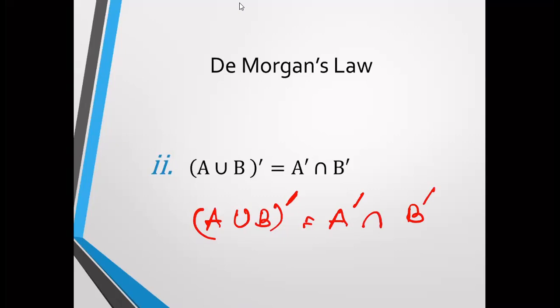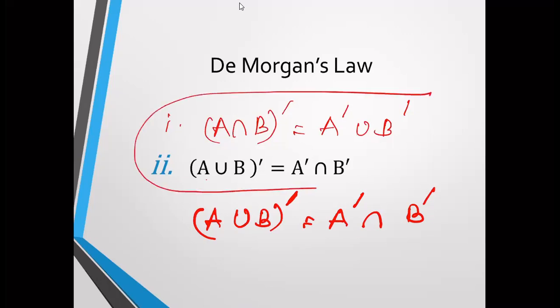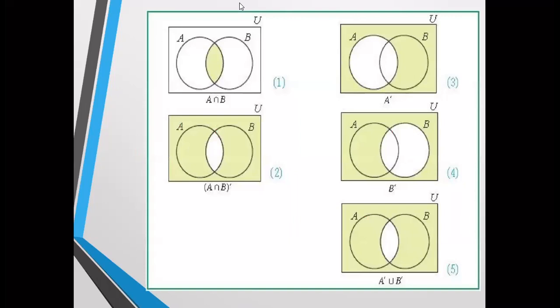So we have only two formulae in De Morgan's law. First, A intersection B whole dash is equal to A dash union B dash. The second, A union B whole dash is equal to A dash intersection B dash. Now let's see how to draw these regions in Venn diagrams. Look at the diagram.